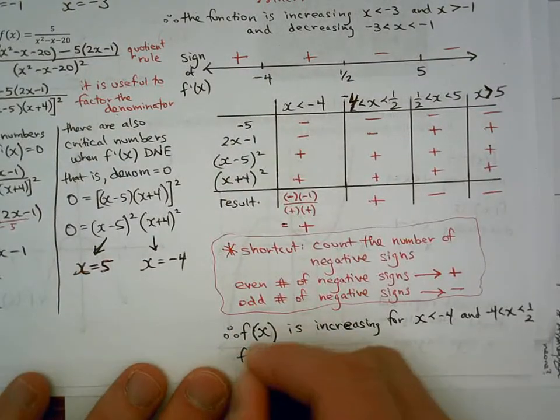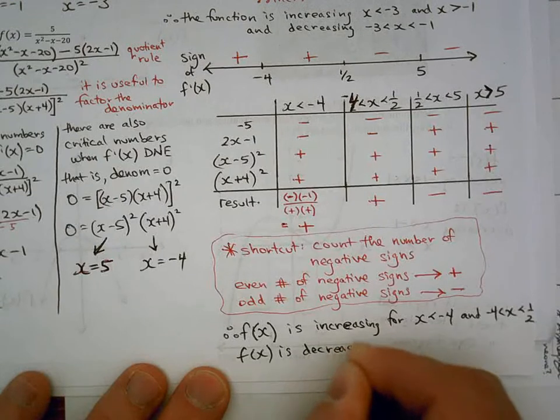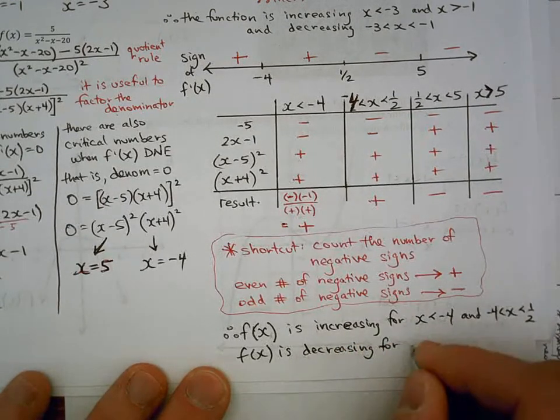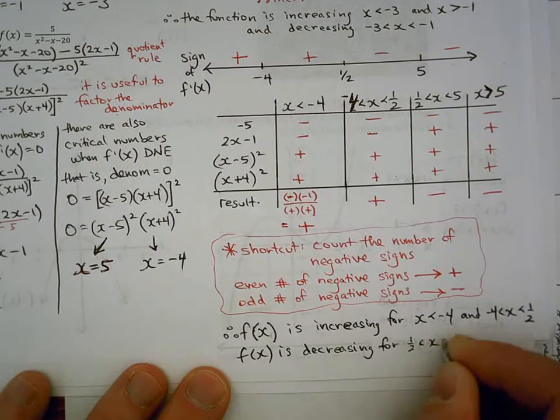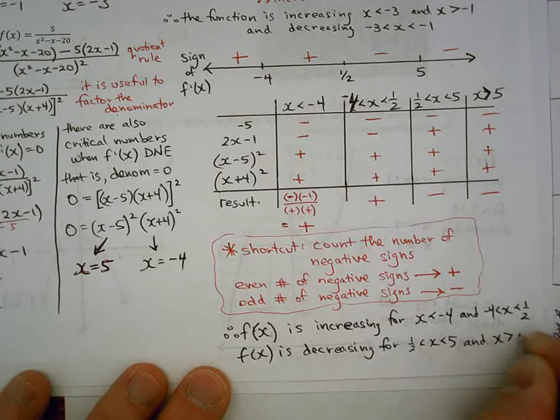And f of x is decreasing for x between half and 5 and x greater than 5.